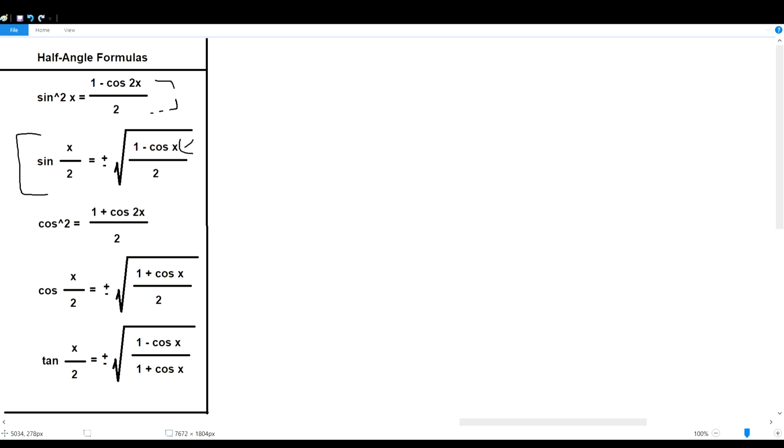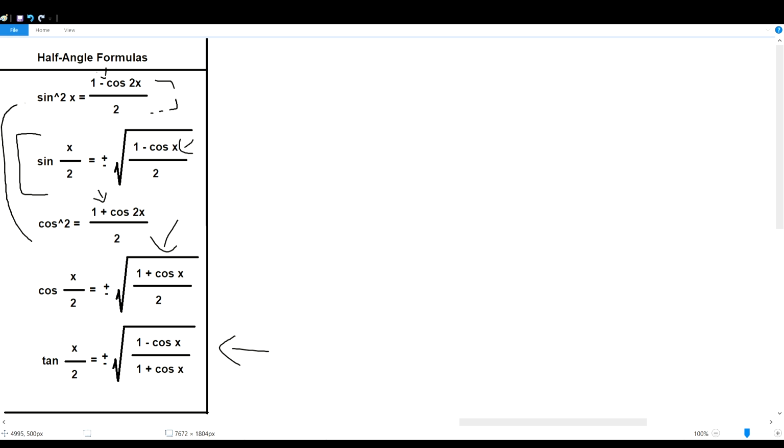Again, most of these, except for the tangent, divide by 2. So cosine squared is similar to sine squared, except you flip the sign. So you have a plus instead of a minus right here. So cosine 2x over 2. Cosine x over 2 is plus or minus the square root of 1 plus cosine x over 2. So very similar to sine, you just flip that little sign right there.